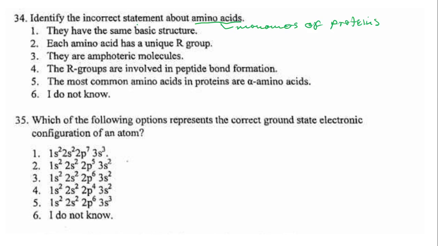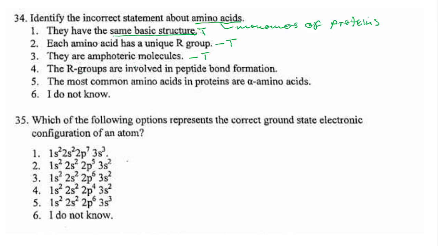That's the first option. And the second option is saying each amino acid has a unique R group. So the basic structure is correct. If you check in your notes, this is true. Each amino acid has a unique R group, which is also true. They are amphoteric molecules, which is true.